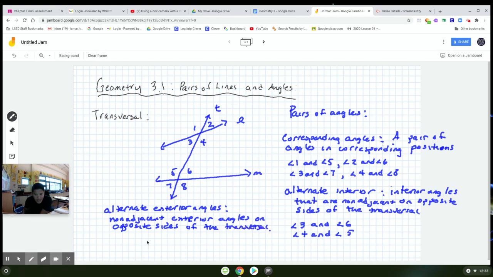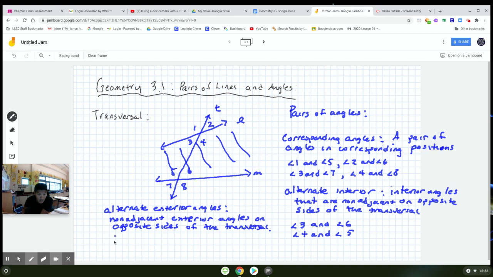While I was writing that down, did you think about what a pair of alternate exterior angles could be? So you could rule out, I would say fairly easily, angles 3, 4, 5, and 6 as being alternate exterior angles. The reason why you could rule those out is 3, 4, 5, and 6 are the interior angles. Remember, between lines L and M, so this shaded in region here, that's the interior. So 3, 4, 5, and 6 can't be alternate exterior angles.